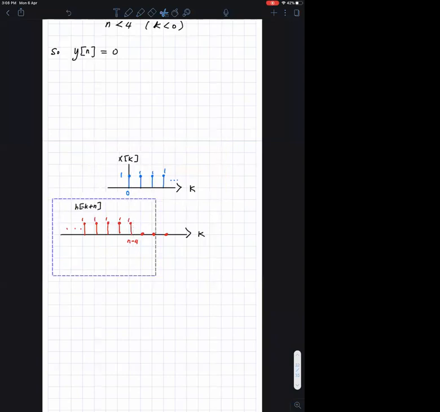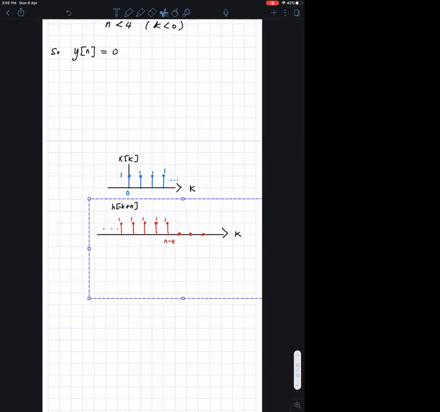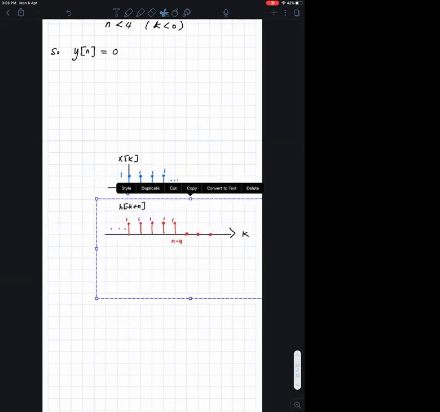Now you overlap. You keep sliding over until all of them overlap.